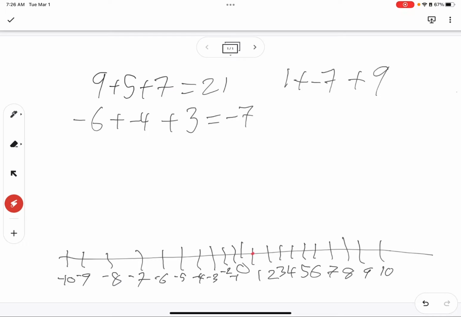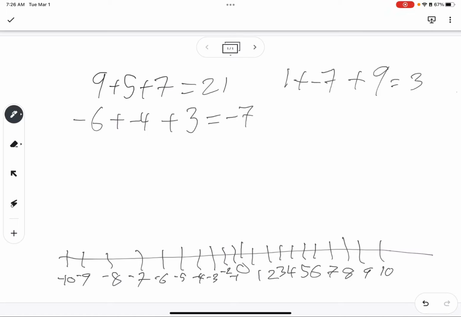So let's go to the left 7 spaces. 1, 2, 3, 4, 5, 6, 7. So I'm at negative 6. Okay. Now I'm going to add a positive 9. So I'm going to go to the right 9 spaces because it's positive. 1, 2, 3, 4, 5, 6, 7, 8, 9. So it's 3. Okay. So that's my answer, equals 3.